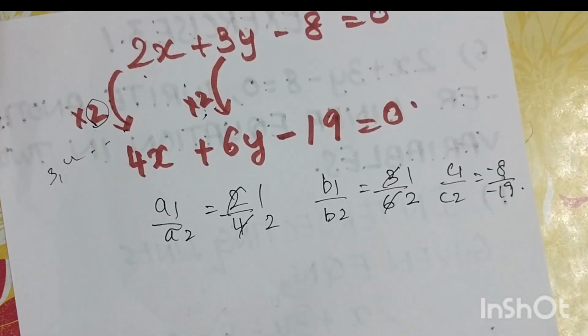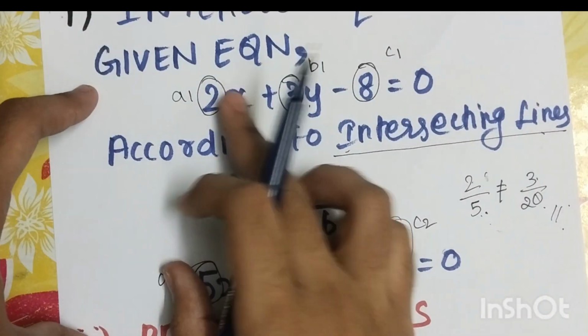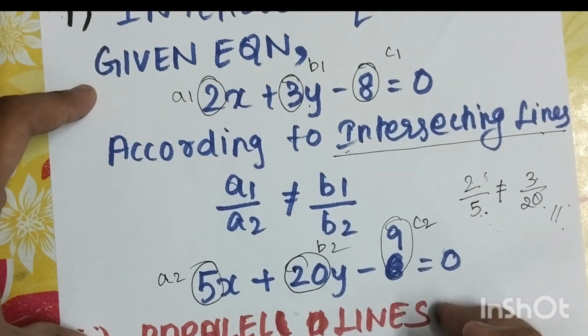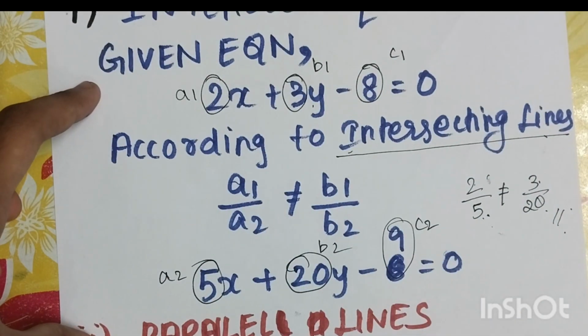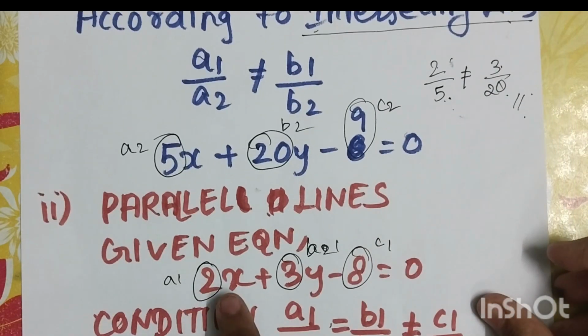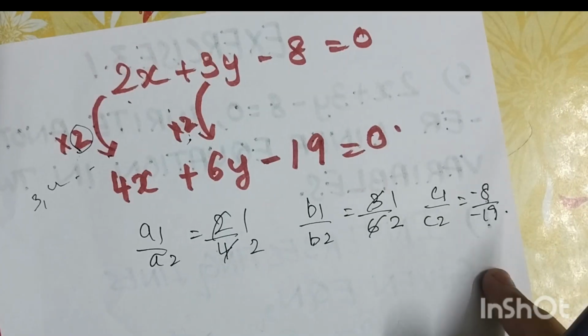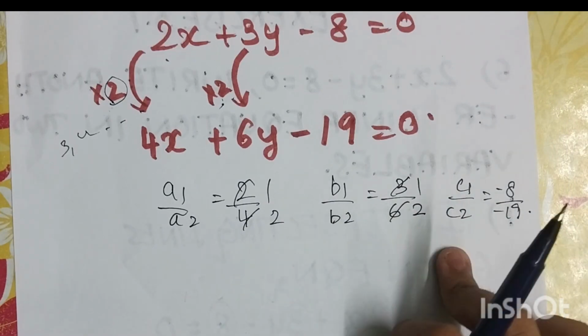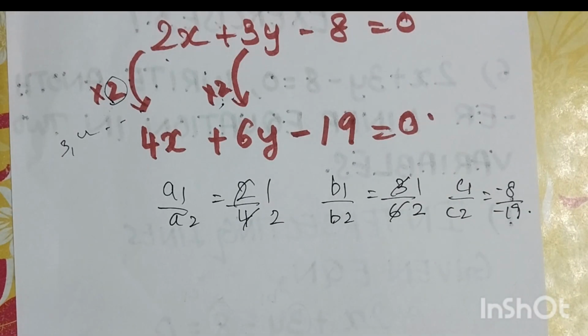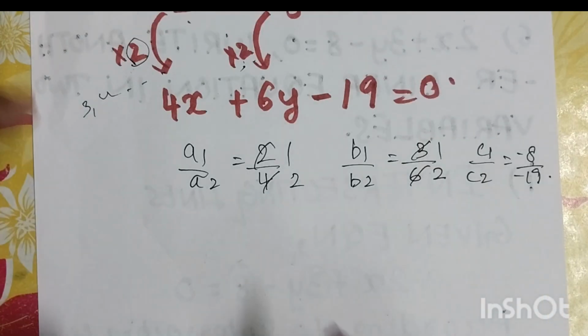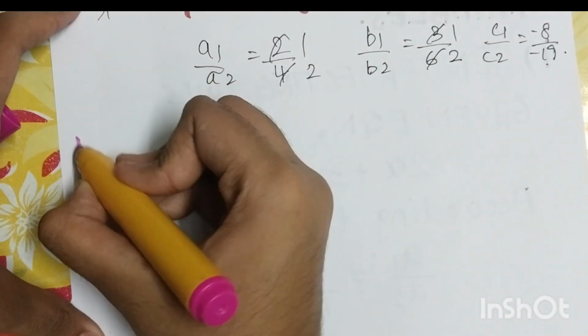In our first condition, we saw that the equation should just be opposite. It should not be equal in the ratios, but here the coefficients of x and y should be equal. So I'm just multiplying with the same number so that my ratio will be equal. So this satisfies my condition, right? So next one is coincident lines.